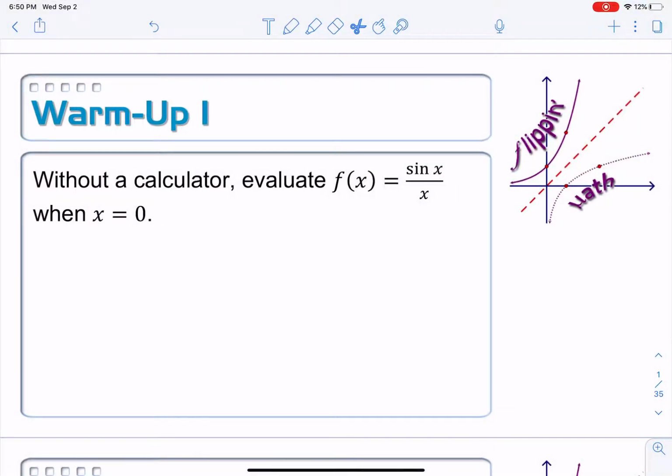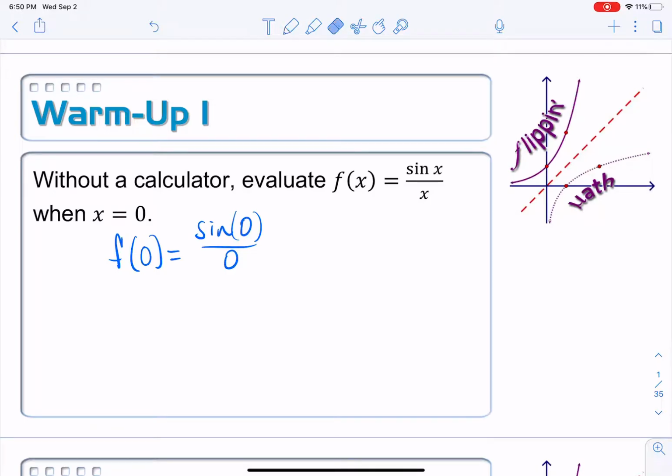Sine x over x. Well, I could just look at this and see that if I were to plug in 0, there is an x on the bottom. I already know it's going to be undefined. There's 0 on the bottom. I'm not allowed to divide by 0. But we learned in Algebra 2 specifically that when I go to divide by 0, it's not as simple as just saying it's undefined, because some complicated things could possibly happen, right?